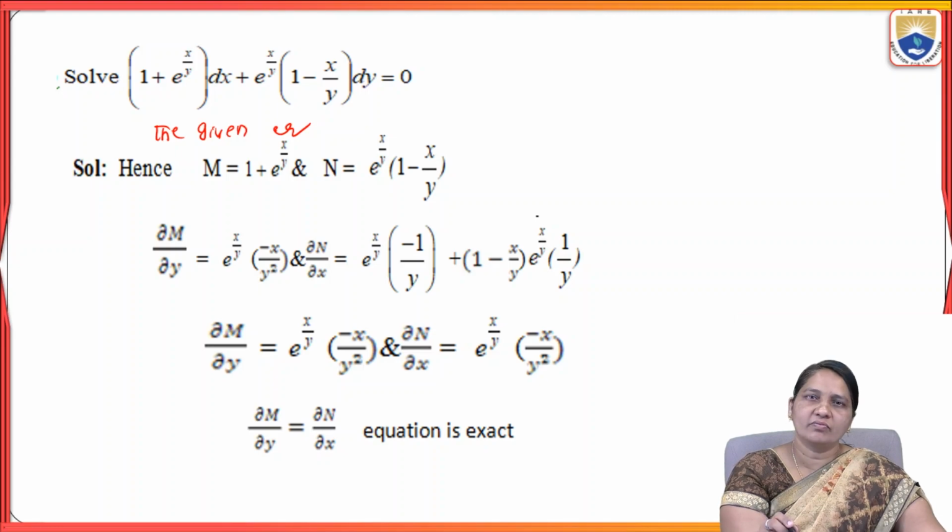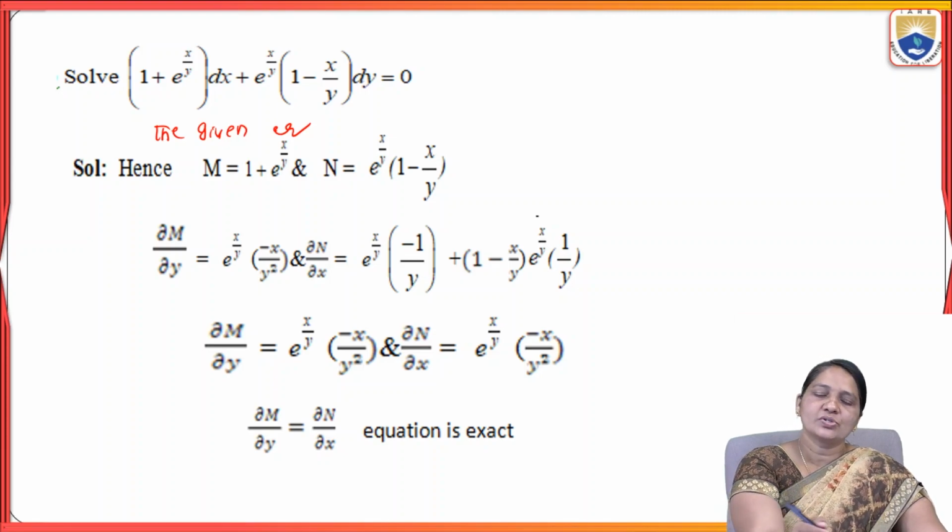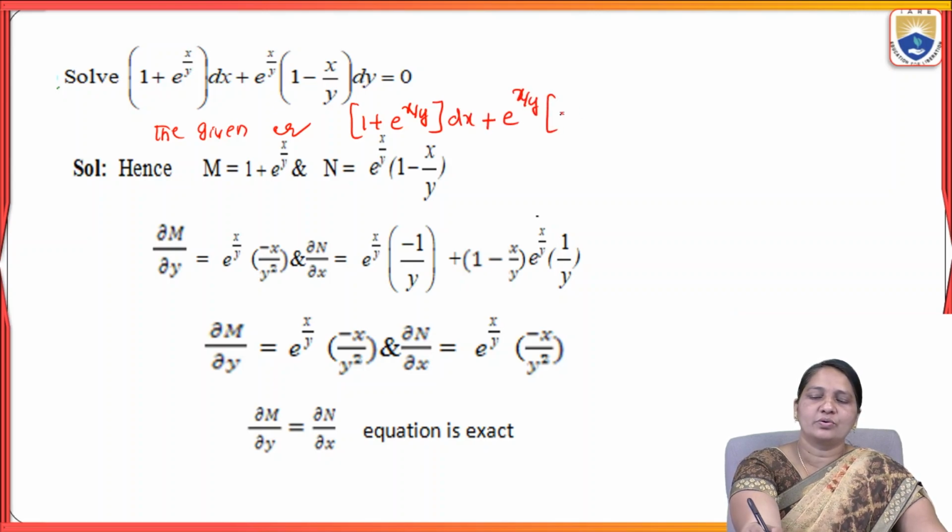What are the values, and which form are we going to compare with to take the m and n values? These details you have to write. So the given equation is 1 plus e power x by y into dx plus e power x by y into 1 minus x by y into dy equal to 0.